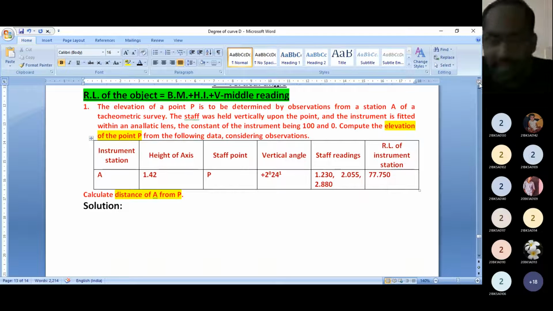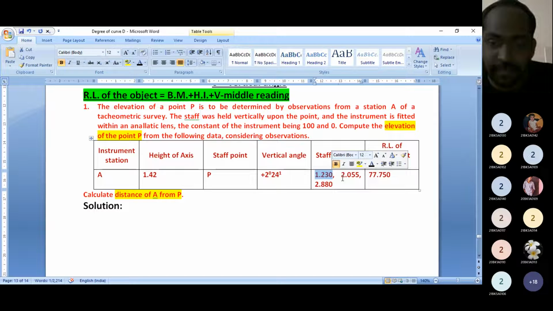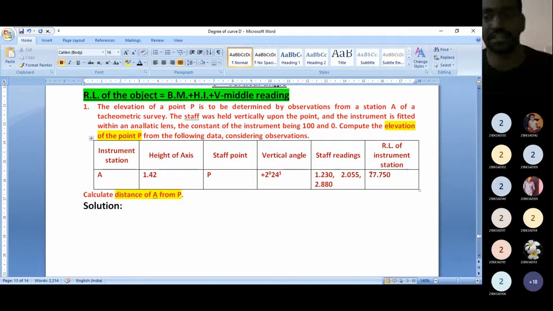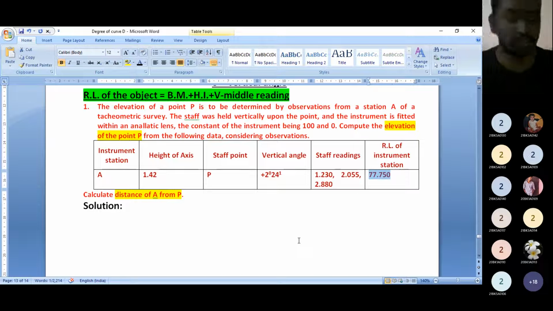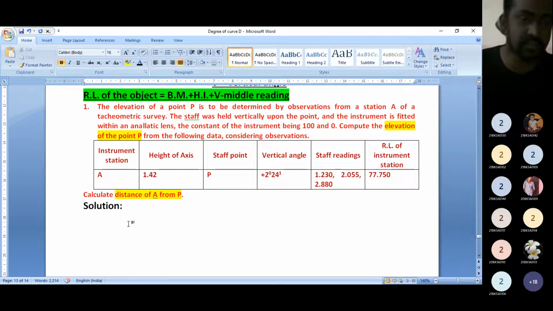So the top reading will be 2.880, the bottom reading will be 2.230, and the middle reading will be 2.055. The RL of the instrument station is given as 77.750. Write down that this table is given here.